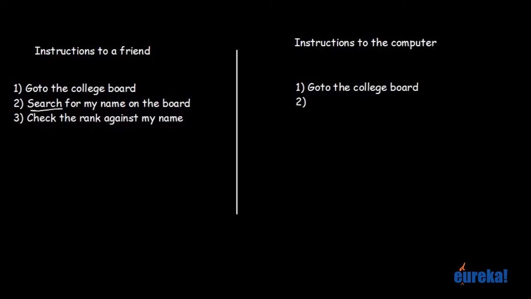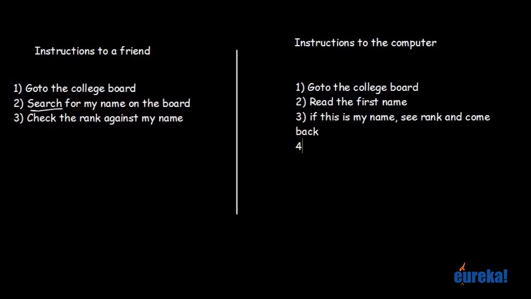We have to tell it one by one. What does it need to do? Read the first name on the board. Now if this name that he's read is your name, then good, check the rank and come back. If this is my name, see rank and come back.